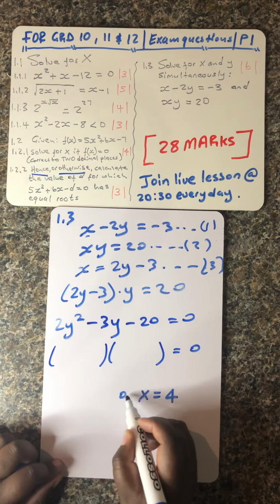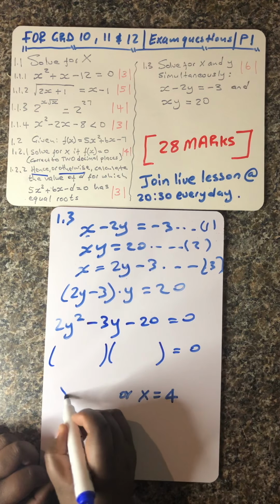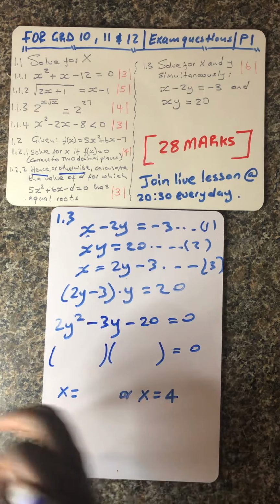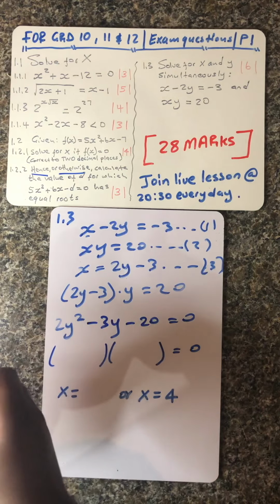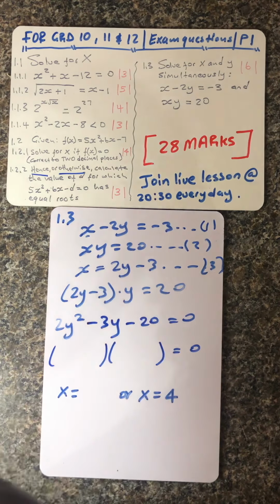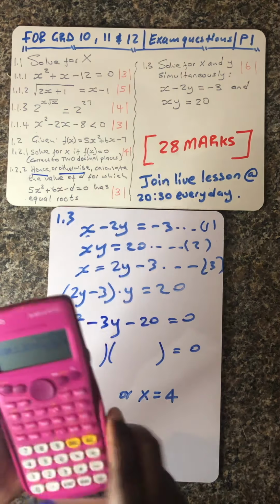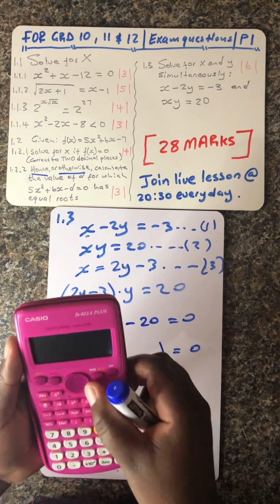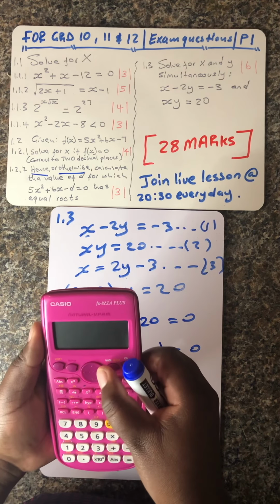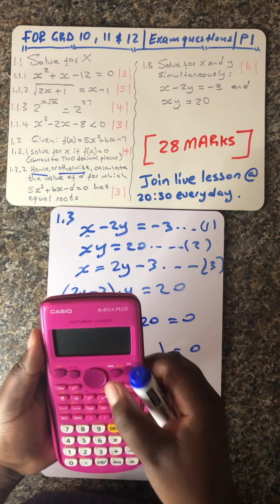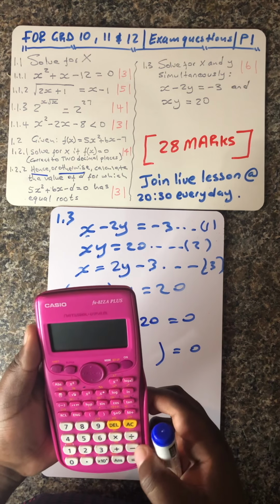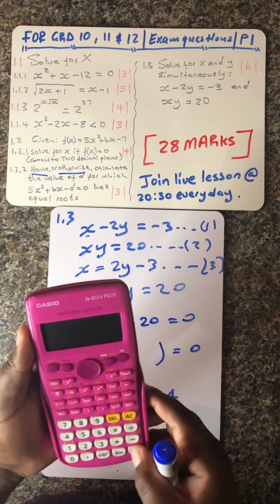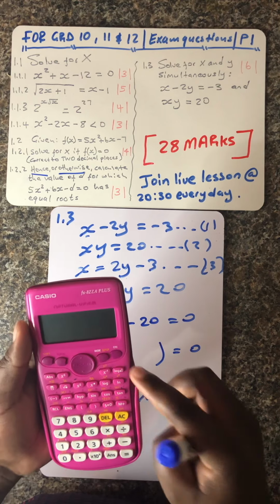Remember, I'm going to have 2 values. The first one is 4, and for the second value, you just go up there, delete that positive sign, and use a negative sign. Can you see the value that I get?